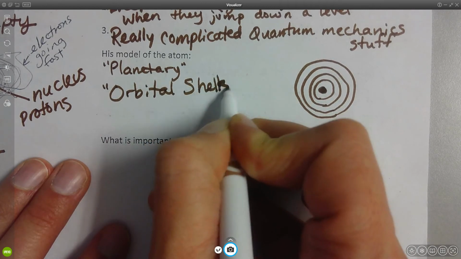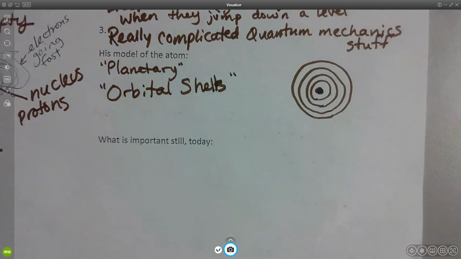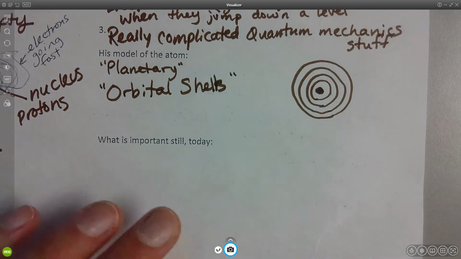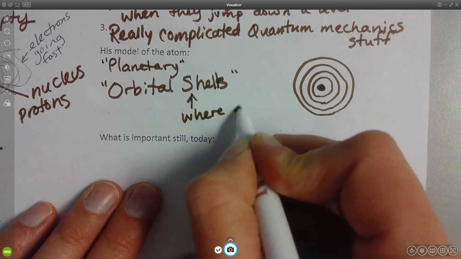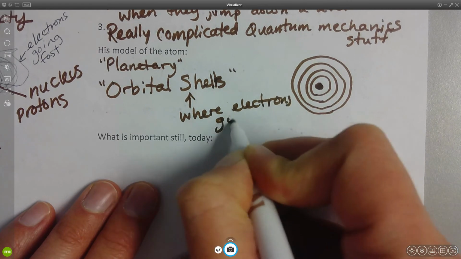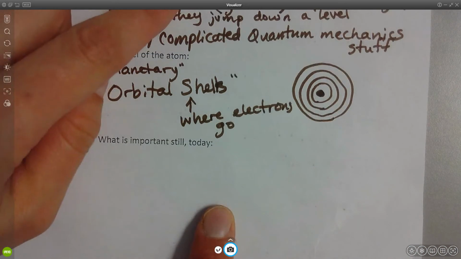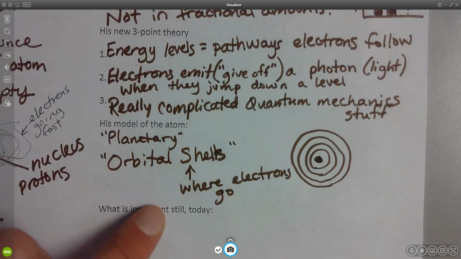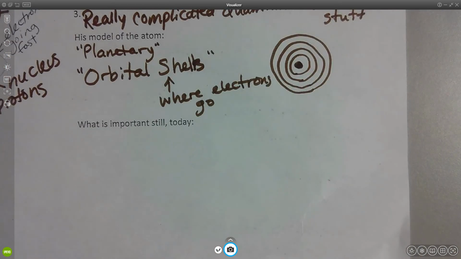That's two L's. Okay? And the shells is another name for where the electrons go. Does that make sense? So like I called them levels up here, right? Another name for it is shells, but they really mean the same thing. Sound good?